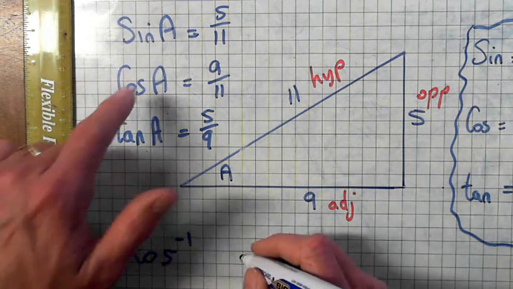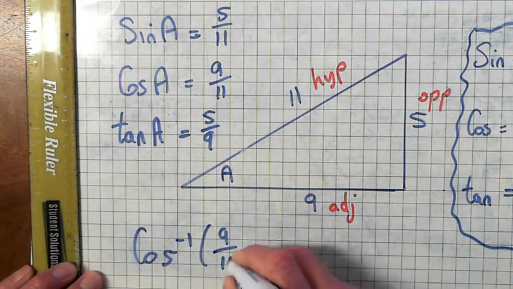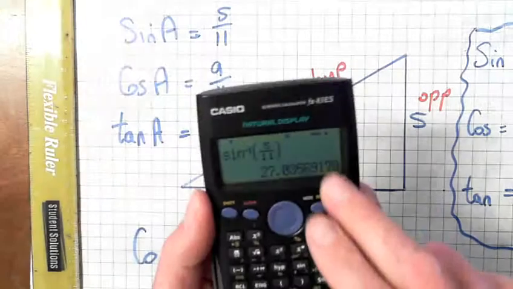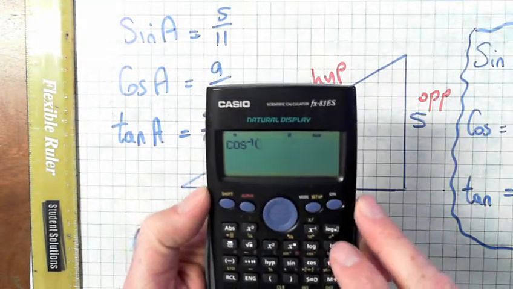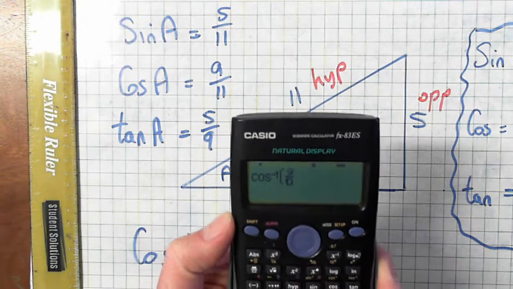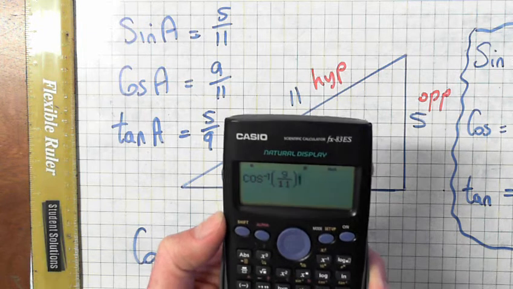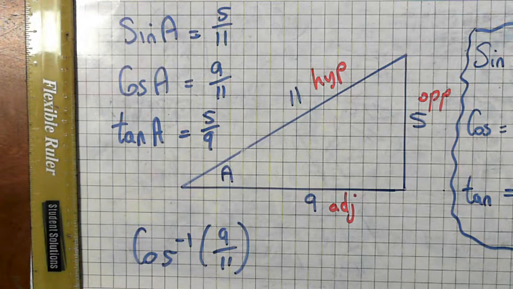Cos minus 1. What do we use? 9 over 11. Key that into your calculator. Shift, cos, see cos minus 1. And the fraction is 9 over 11. Alright.